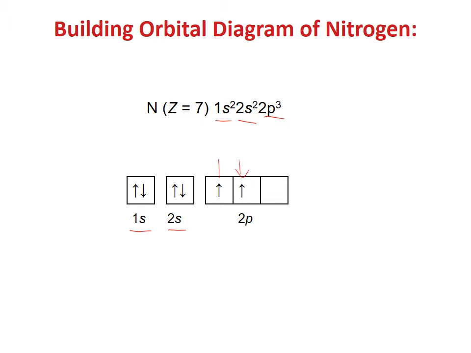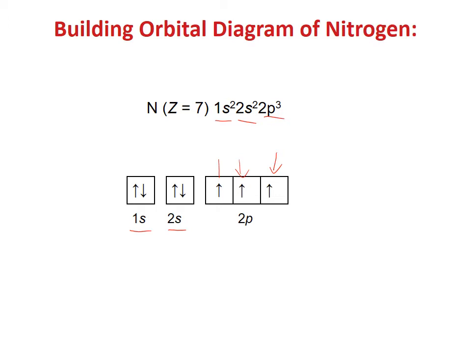Now nitrogen has 1 more electron, so where does the electron go? Again, according to Hund's rule, it needs to have the maximum unpaired electrons with parallel spin, so the last one must go to the 3rd 2p orbital. So this is the nitrogen orbital diagram.